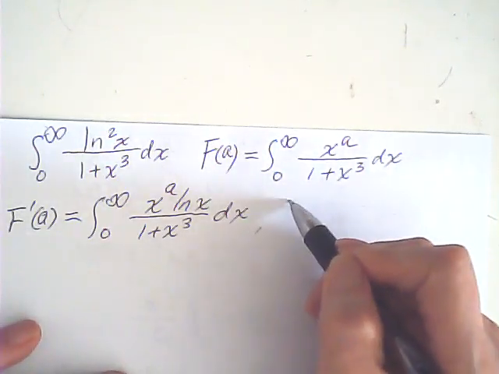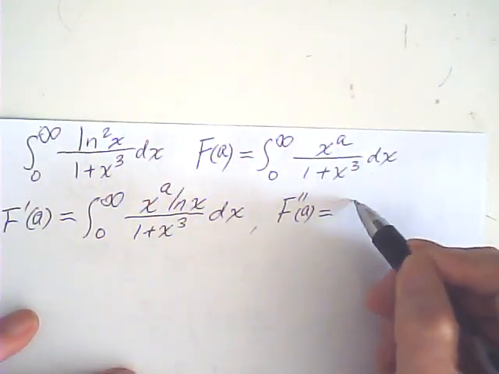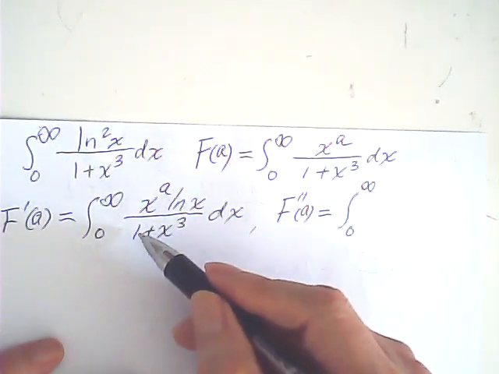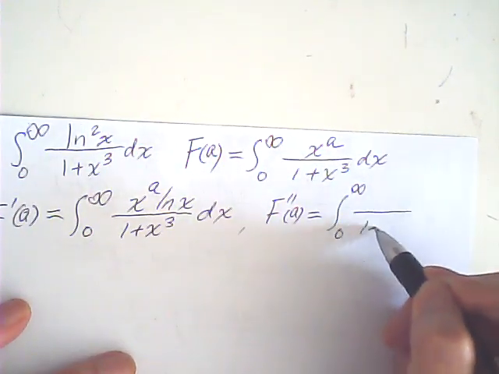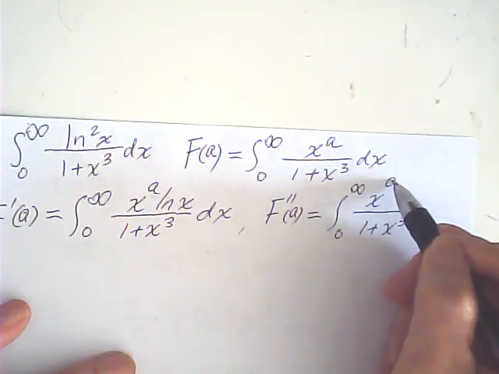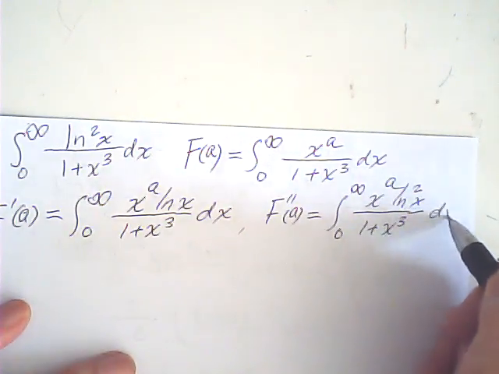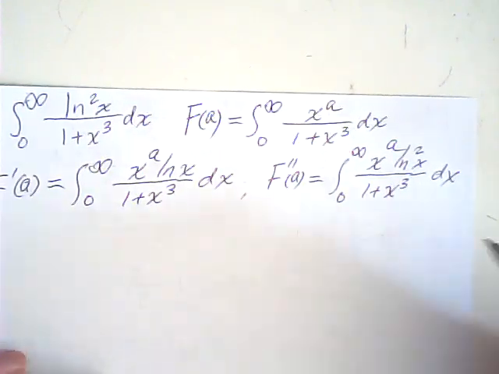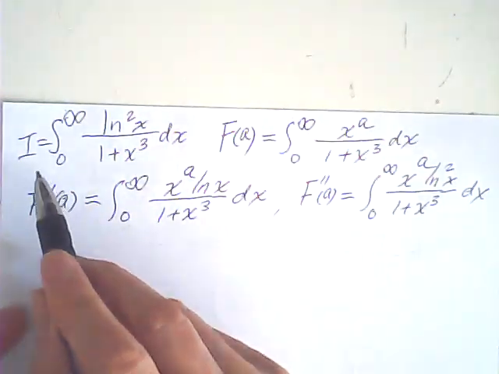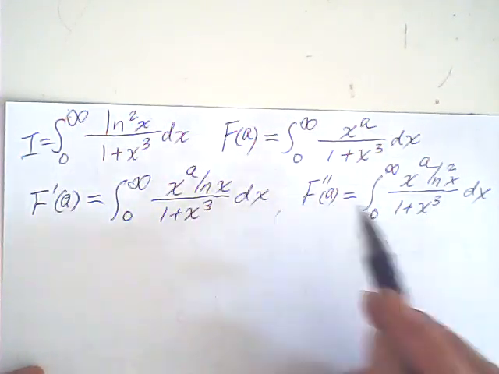Then I take the second derivative, f double prime of a, which is the derivative of this one with respect to a. So this will be the integral of x to the power of a log square x over 1 plus x cubed dx. Now the picture is clear: I want to find I, which is f double prime when a equals 0.